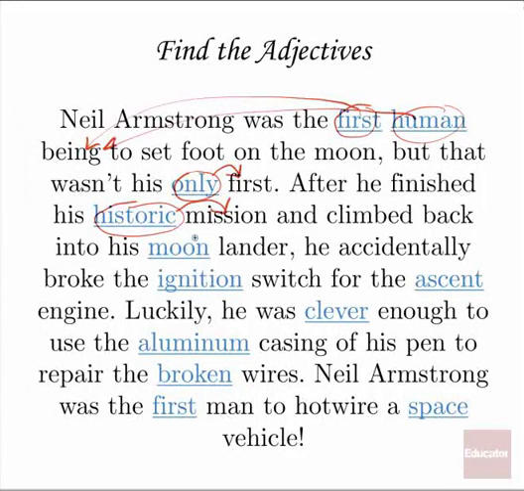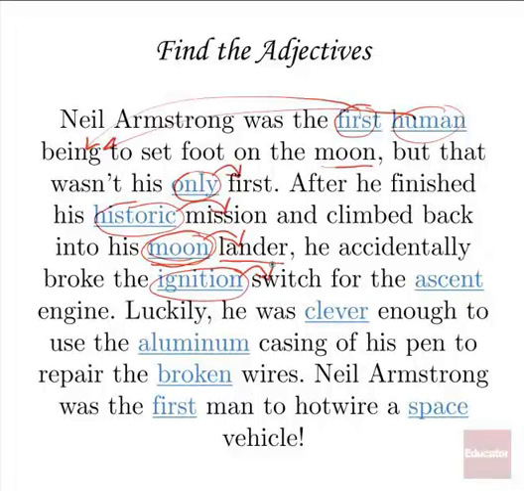He climbed back into his moon lander. Notice again, moon was a noun up here, but it's an adjective down here because it's modifying lander. He accidentally broke the ignition switch. Ignition, another noun that's acting like an adjective in this case because it's modifying the noun switch. For the ascent engine, luckily he was clever enough.